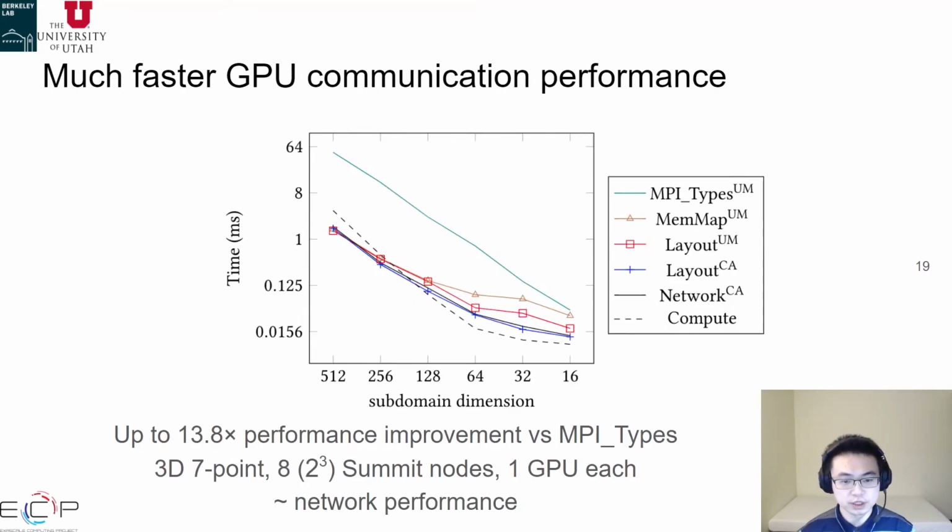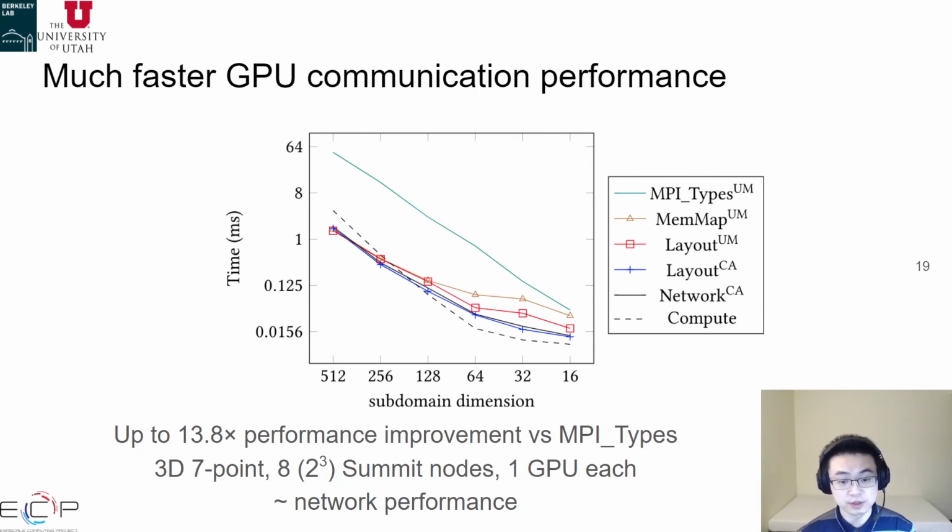This figure shows the communication performance on the GPU. As we mentioned before, there are two ways to avoid explicitly moving data between CPU and GPU. One is to use CUDA-aware MPI, represented using CA, and the other is to use unified memory with system allocator, represented with UM.